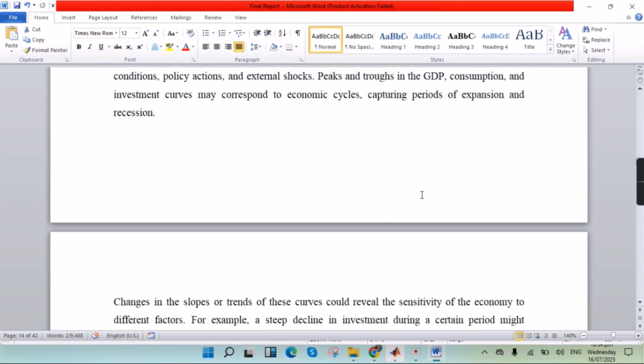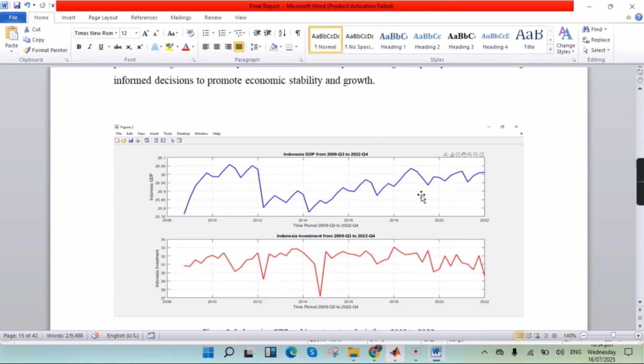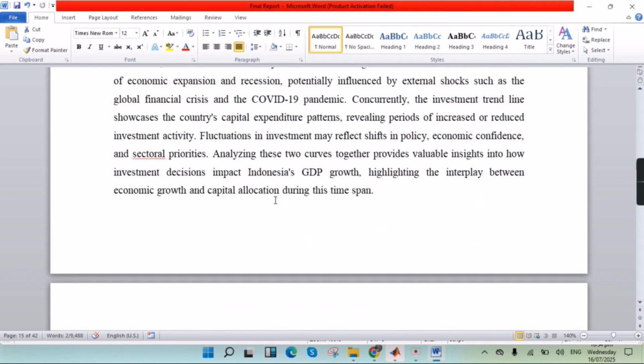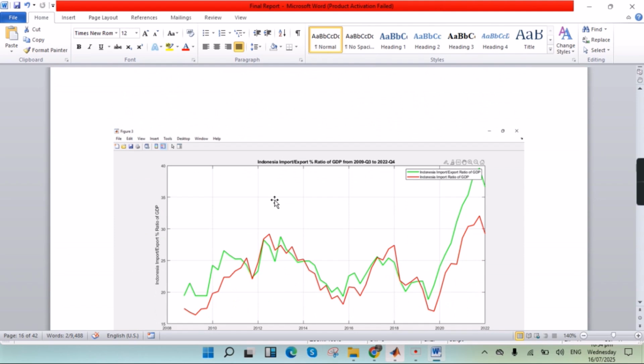This one is basically the Indonesian GDP during the period of 2009 to 2022, and it also provides the investment growth of the GDP of Indonesian banks during the COVID-19 pandemic.